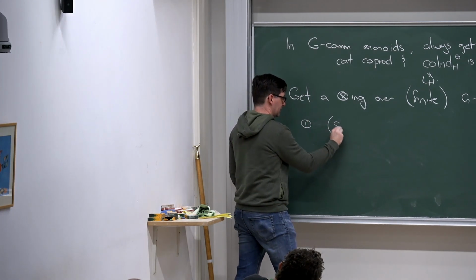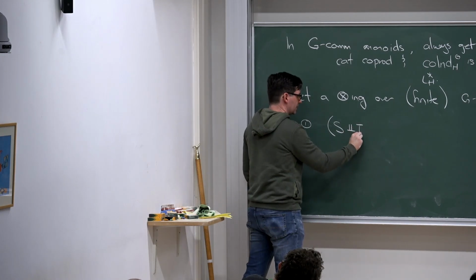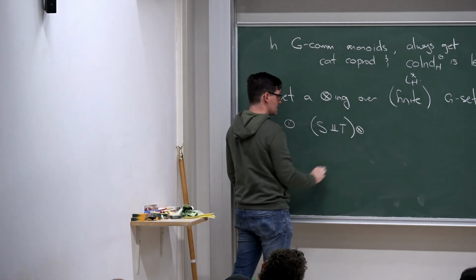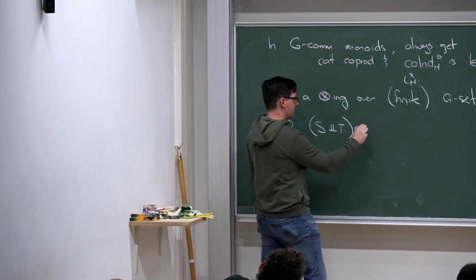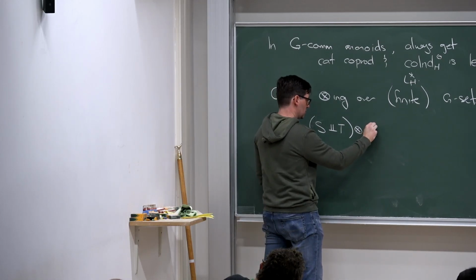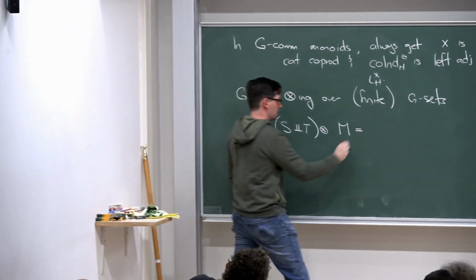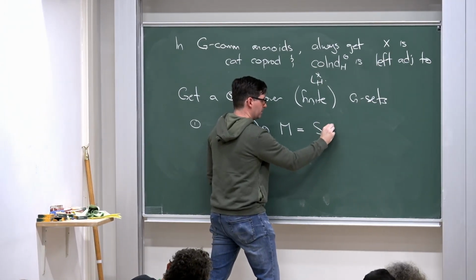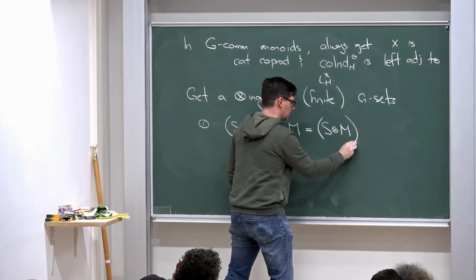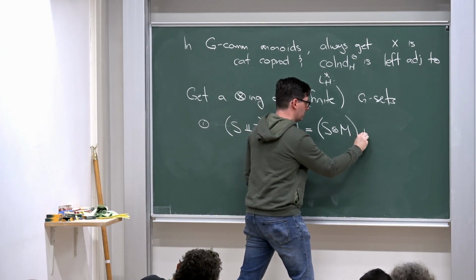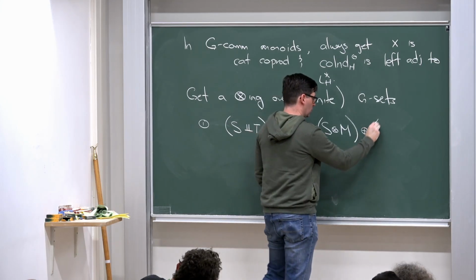I'll say that S disjoint union T tensor with some G-commutative monoid M is just going to be S tensor M and coproduct, which I guess maybe I'll write as the sum, with T tensor M.